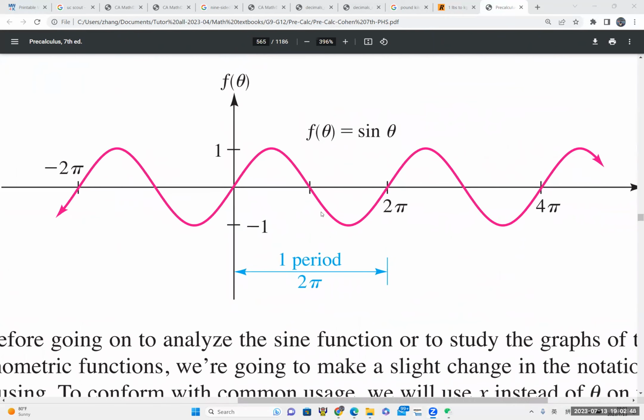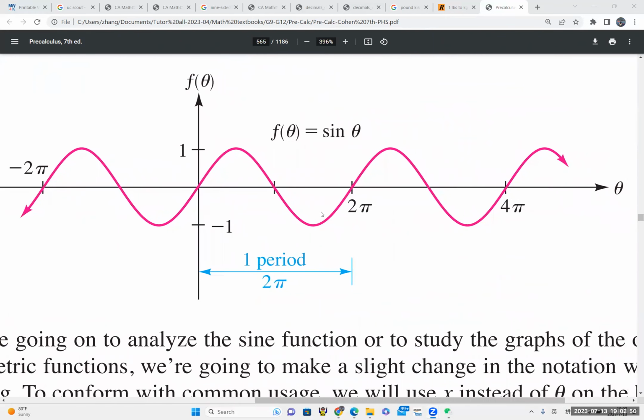So first we know only a one-to-one function has an inverse function, right? So the whole sine function doesn't have an inverse function because it's not one-to-one. But as this is so important for applications, we would like it to have an inverse function. Then we just pick one period which is one-to-one.